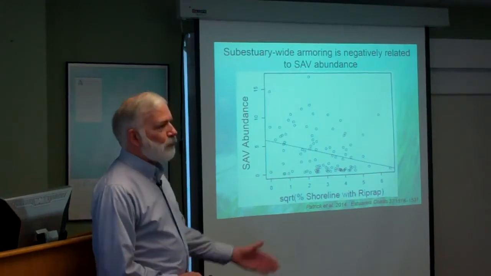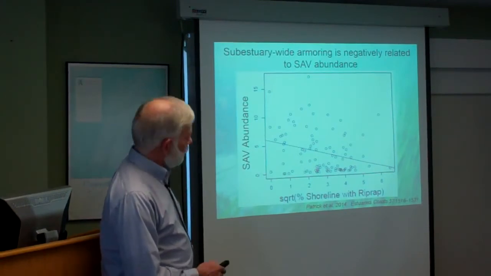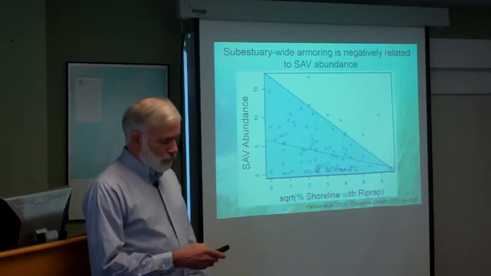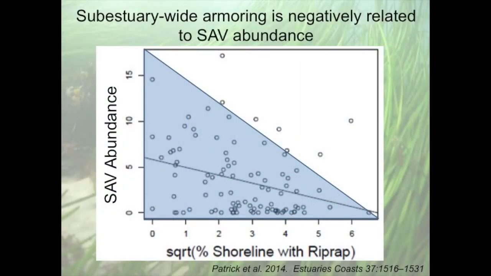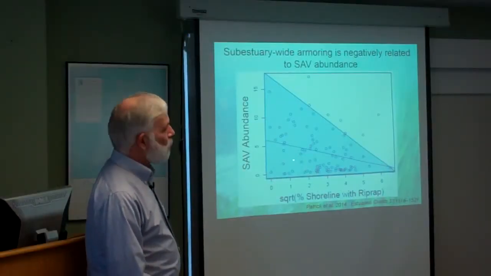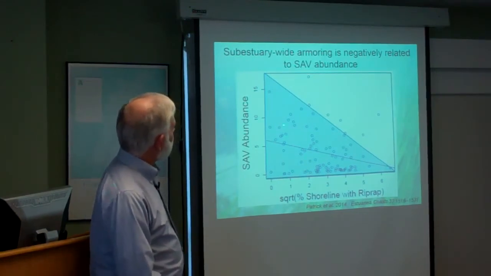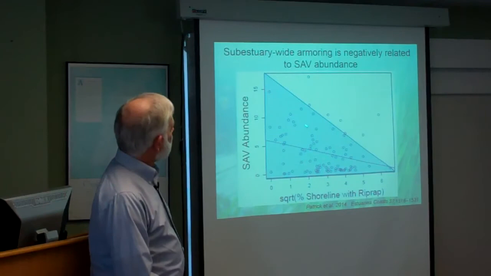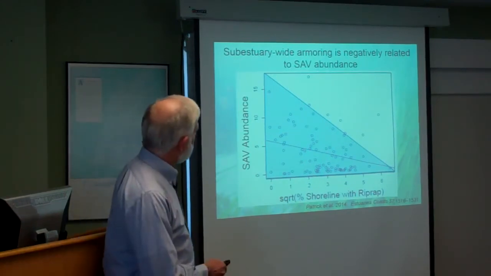But as with the previous two plots, we have what we're calling a triangular response, where at high values of the stressor, the response is pretty much going to be low, but at low values you can have a whole range of responses. This probably reflects the fact that there are many stressors, and even when this one is low, other stressors could be reducing SAV abundance.